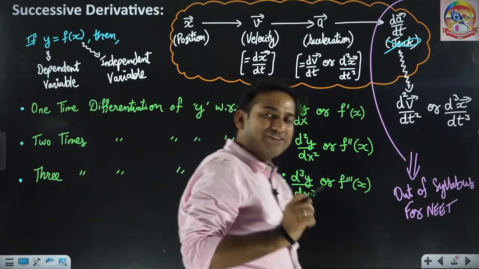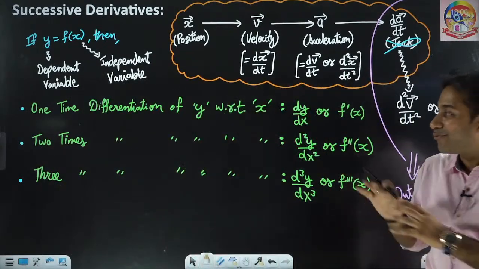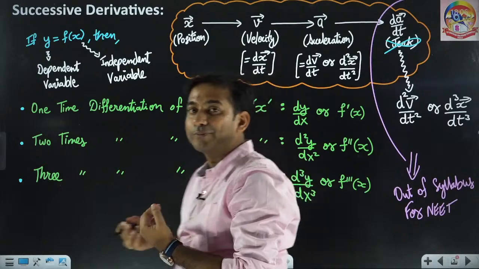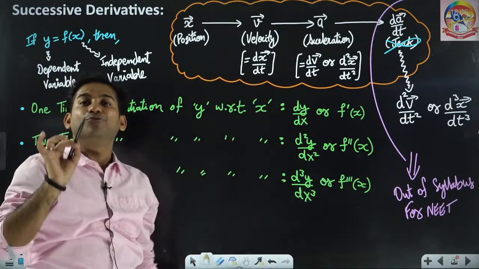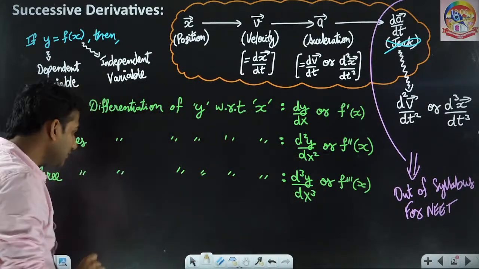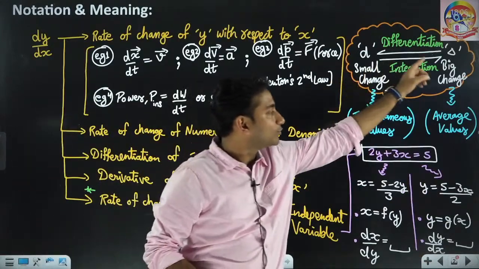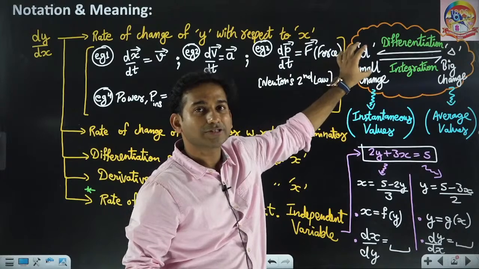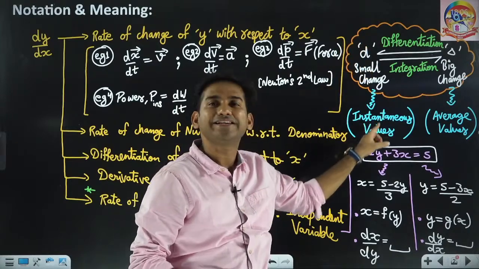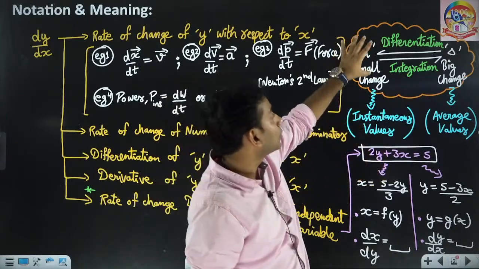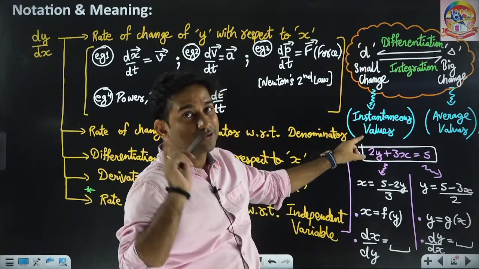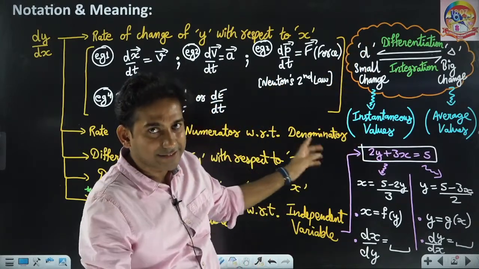Till now, we have only learned what the differentiation operator looks like, and when to use it. Whenever you want to talk about small changes or instantaneous values, talk about differentiation.